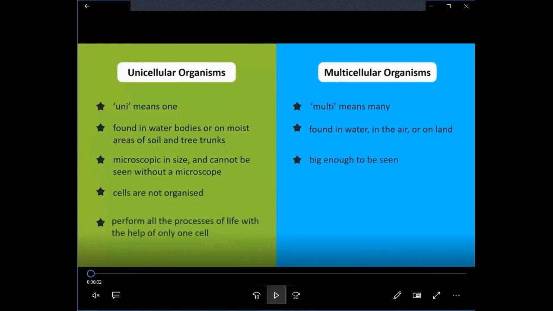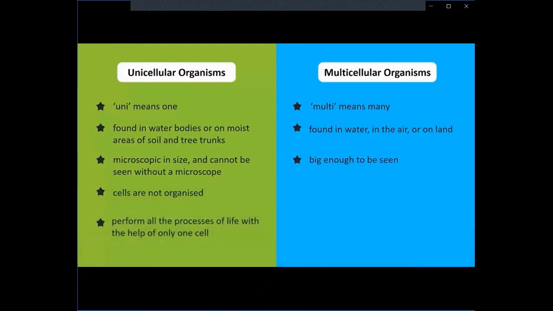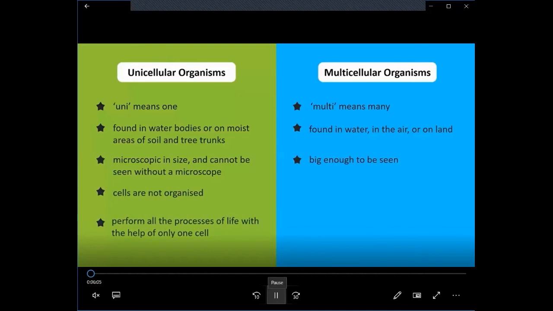The breathing when we inhale and exhale, or respiring for other organisms, eating or nutrition, and reproduction. While in multicellular organisms, they are an organized structure of cells. Each type of cell has a special job to do.